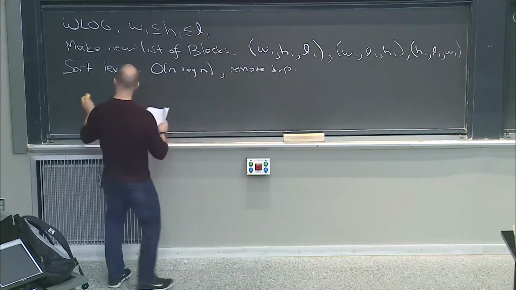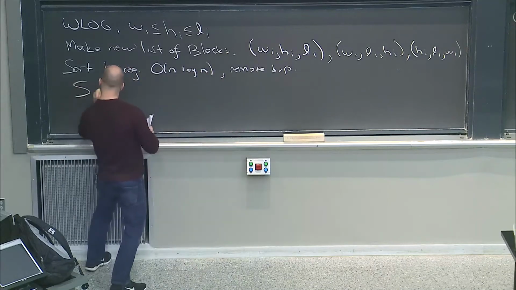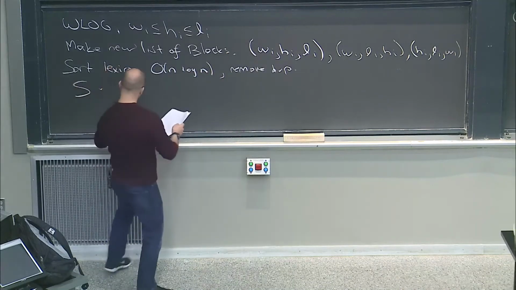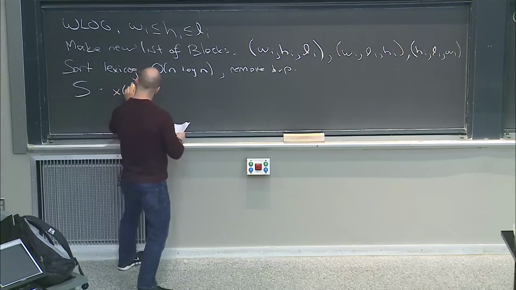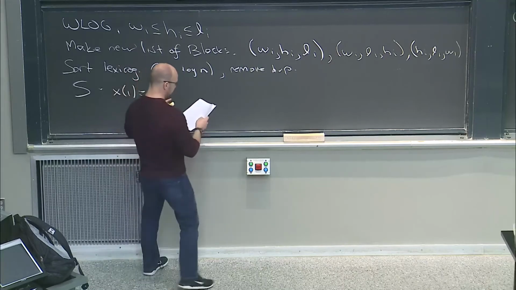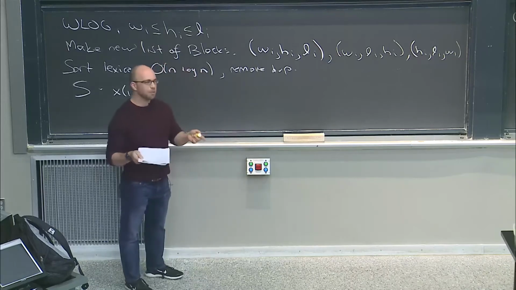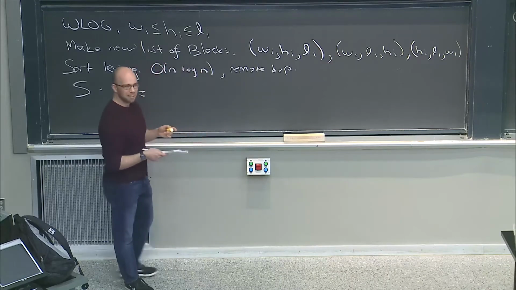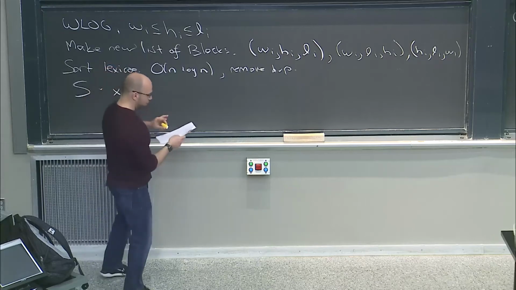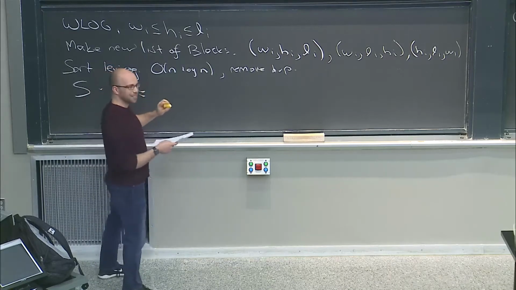Okay, so here's going to be sort bot. So S, what I'm going to say is that xi here is equal to the maximum height of my tower, and I'm going to, taking a little bit of inspiration from our subsequence problem that we've already seen, force myself to use block I. We'll see that that's convenient.